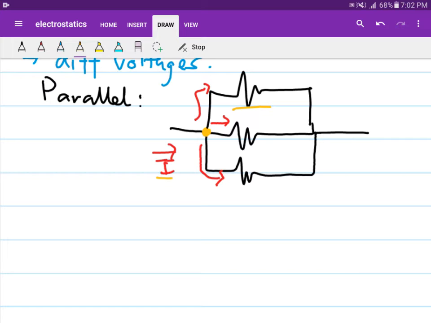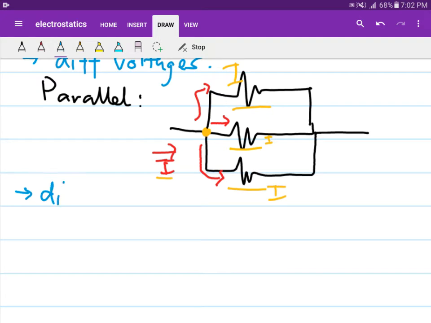So this resistor may have a current that is big. This resistor may have a current that is small. This resistor may have a current of this amount. So currents passing through different resistors in parallel are different.